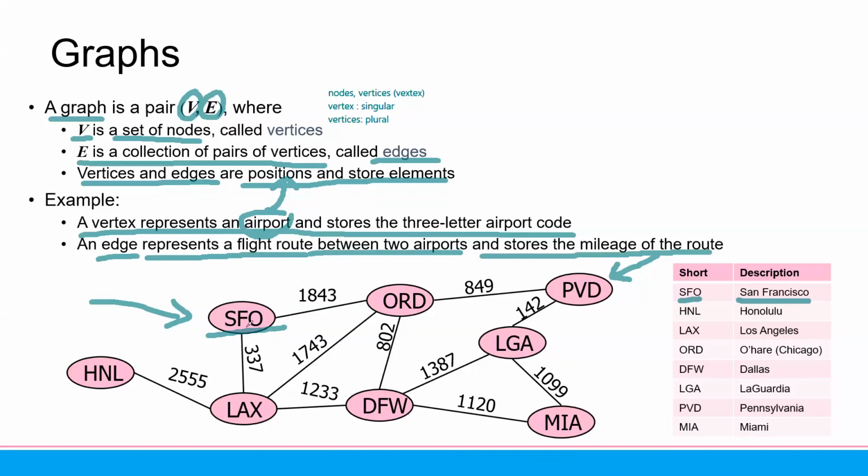So for example, HNL. What is HNL? Oh, HNL is Honolulu. And then LAX. What is LAX? LAX is Los Angeles. Then I know from Honolulu to Los Angeles, the mileage is about 2,555. From San Francisco to LAX or Los Angeles, it is about 337.